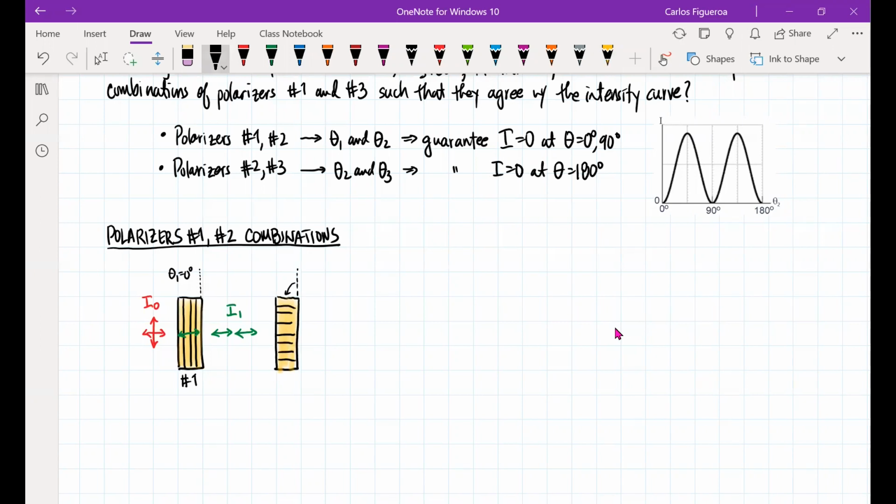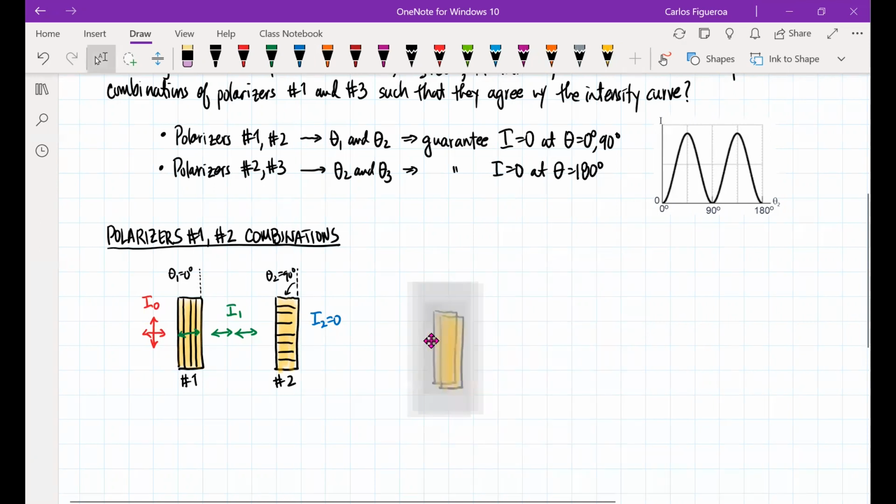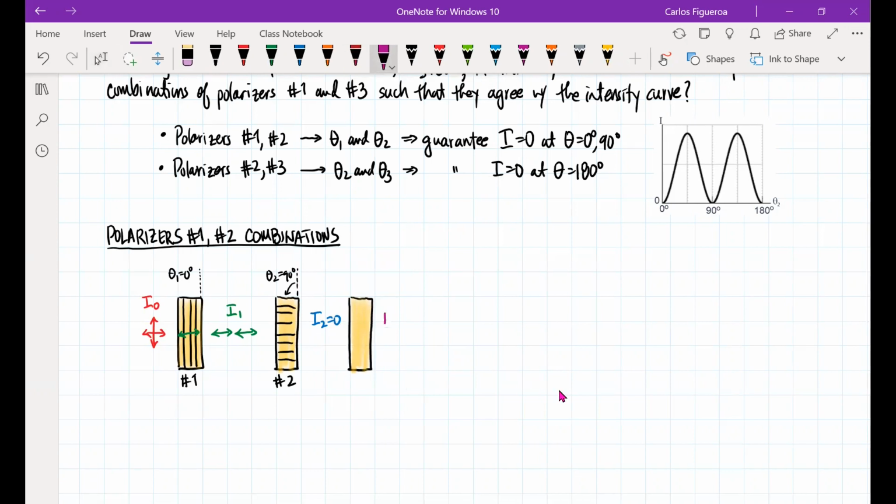This angle here is theta 2, which is 90 degrees. That's polarizer 2. When this goes through, the intensity here is 0. So if I have a third polarizer here, it doesn't matter now, because this polarizer is going to have an intensity I3 of 0, since no light gets in at that point.